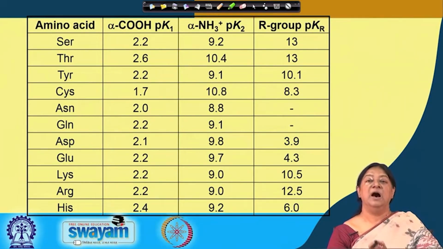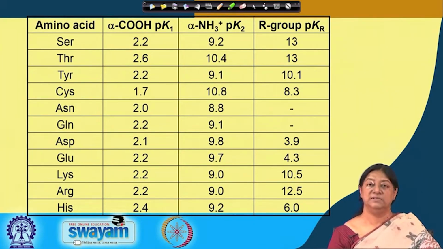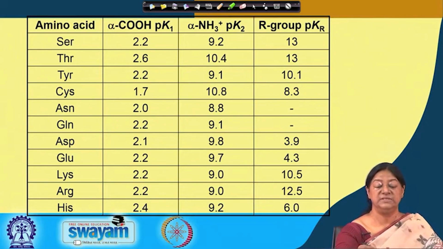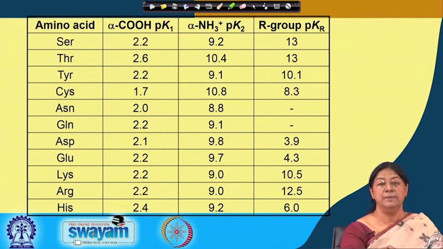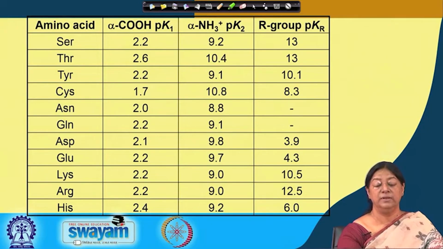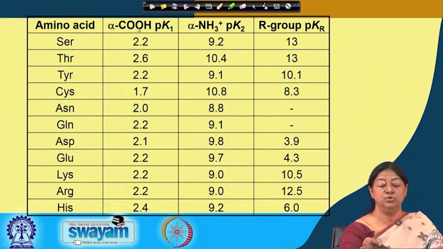Apart from the carbon and the hydrogen present in the side chain, if we have a nitrogen, if we have an oxygen, if we have an acidic amino acid, if we have a basic amino acid, then these are called ionizable amino acids, which means that the side chains, the R groups, have a pKa in addition to the pK1 and pK2 that is present for all amino acids, because an amino acid is always going to have an amino group and a carboxylic acid associated with it.